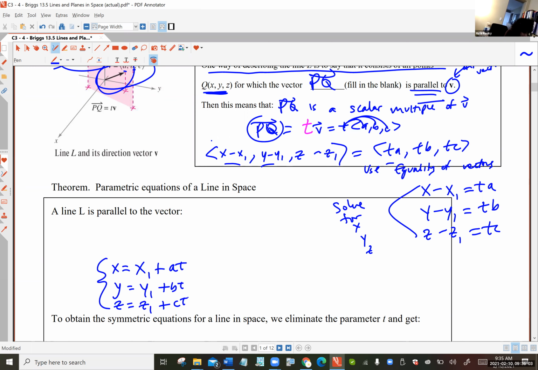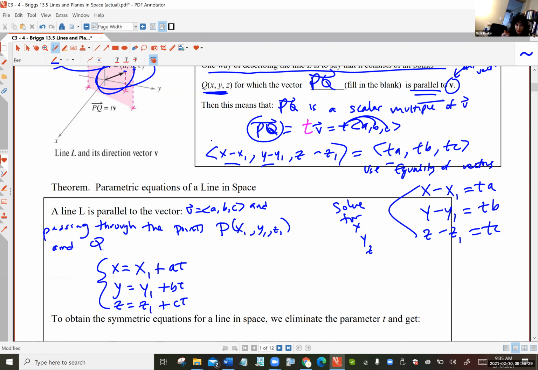So if line L is parallel to the vector v, passing through the points P with coordinates x1, y1, z1, and Q. Q is an arbitrary point that you don't even have to have his actual coordinates.